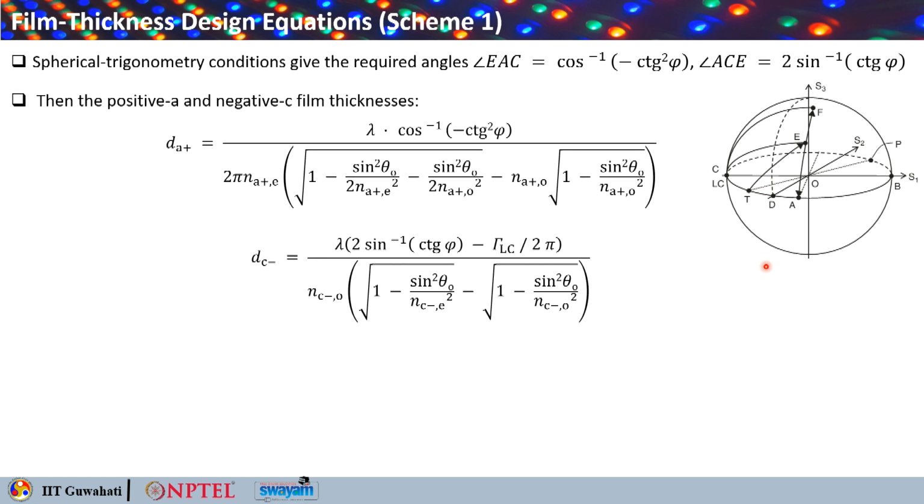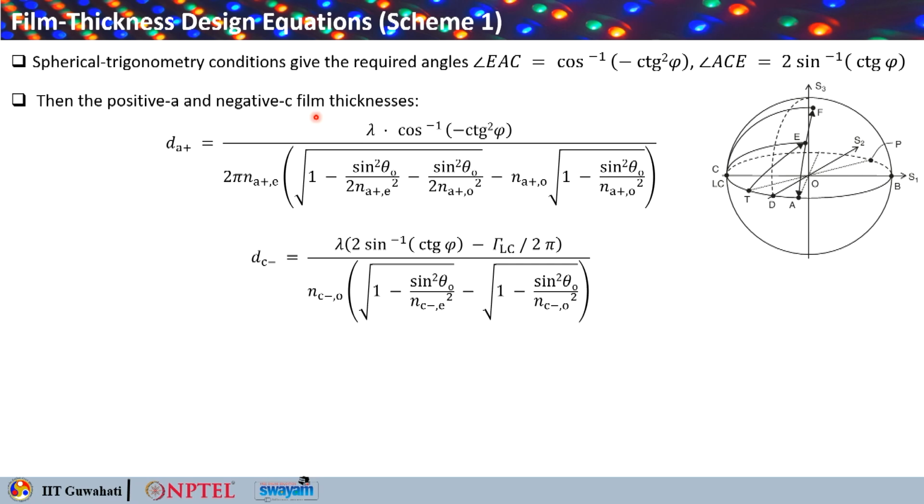Then you can find the positive A and the negative C film thickness, and you can calculate d_A+ from this equation. These come directly from the spherical trigonometry conditions on the Poincare sphere path traced on the previous slide.